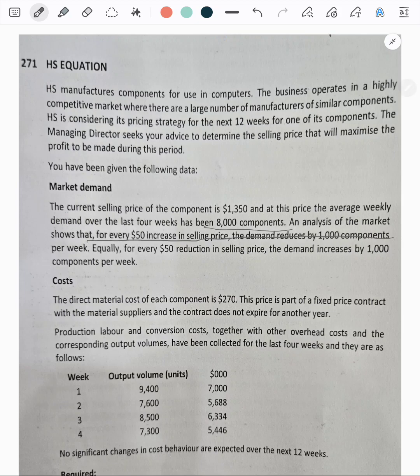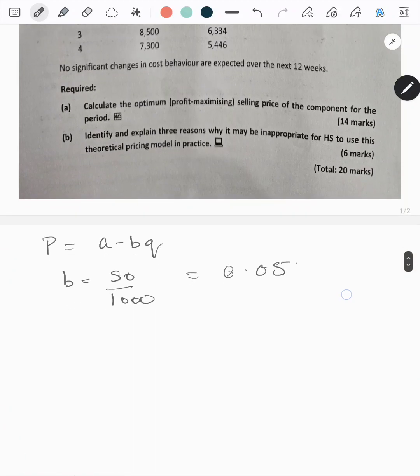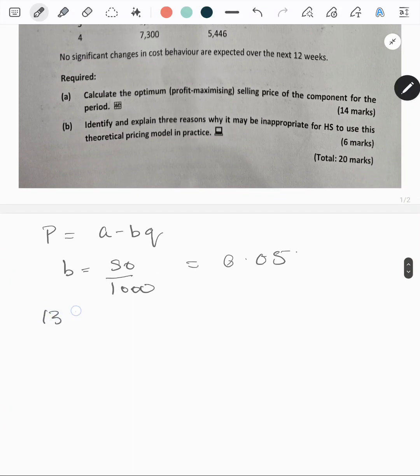Over here, if we read this information, it is written that the current price of the component is 1350, and at this price the average weekly demand is 8000. So we have the price as well, 1350, and at this, the demand is 8000 units.